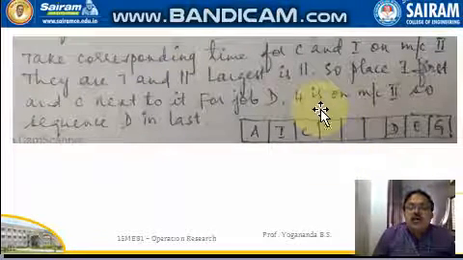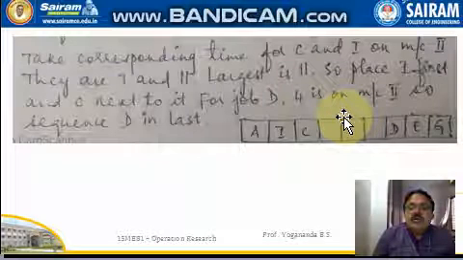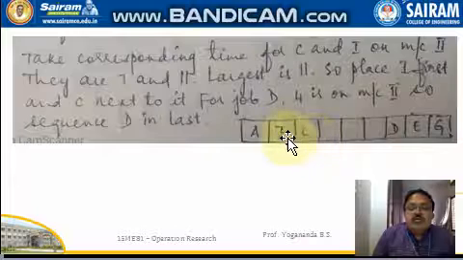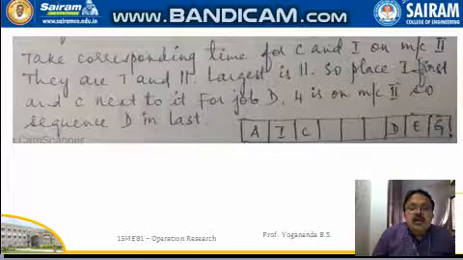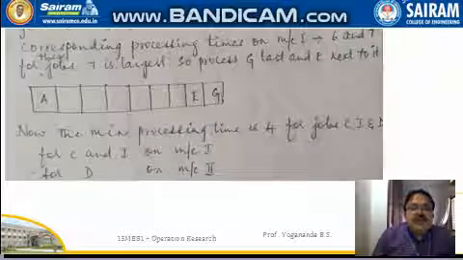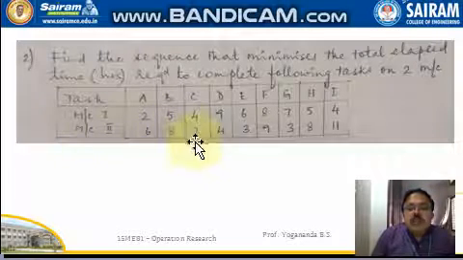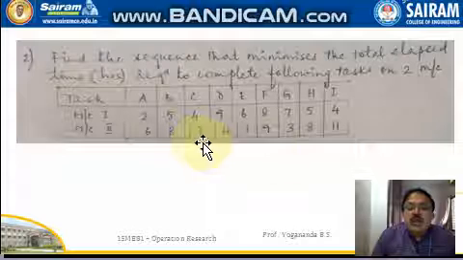So we have to place I first and C next to it, since we are taking 7 and 11 on the second machine.